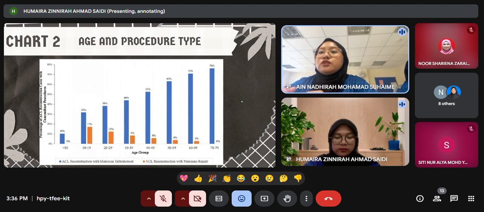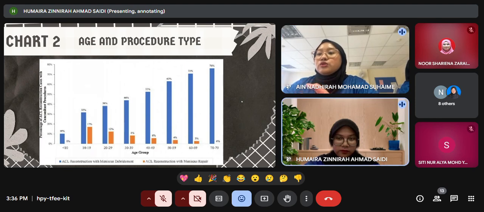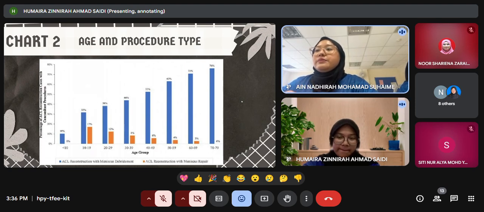Among patients 60 to 69 years old, debridement reaches 72% and repair falls to 3%. And finally, in the 70 to 79 age group, meniscus debridement peaks at 76%, while repair is completely absent at 0%. Conversely, the rate of meniscus repair decreases with age, eventually dropping to 0% in the oldest group.